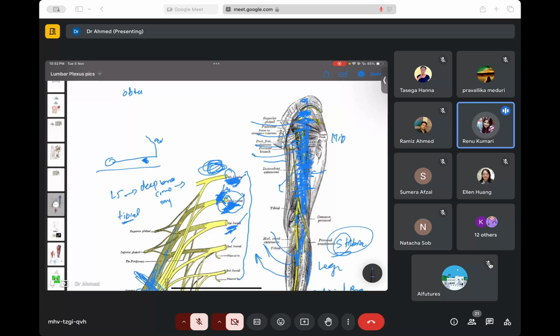Those are the semimembranosus, semitendinosus, and biceps femoris. Perfect. And the function is they will extend the hip and flex the knee. Yes, hip extension, knee flexion.